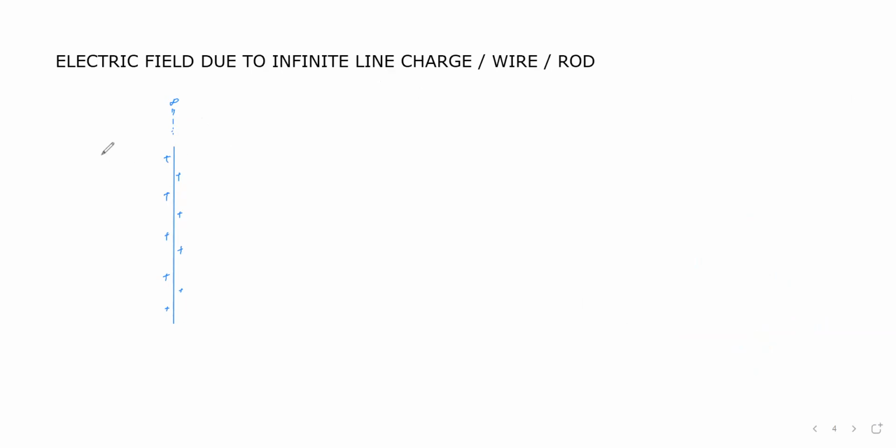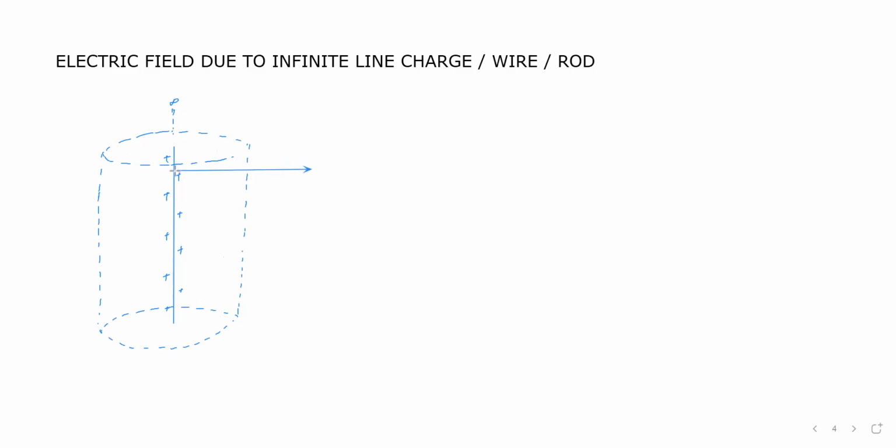Suppose we take a Gaussian surface in the cylindrical form, like this. We are choosing this cylinder as the Gaussian surface. Now what will be the direction of the electric field passing through it?